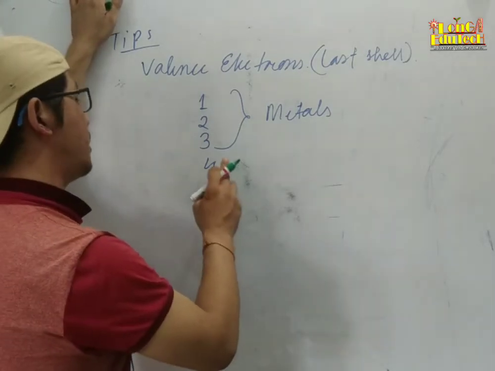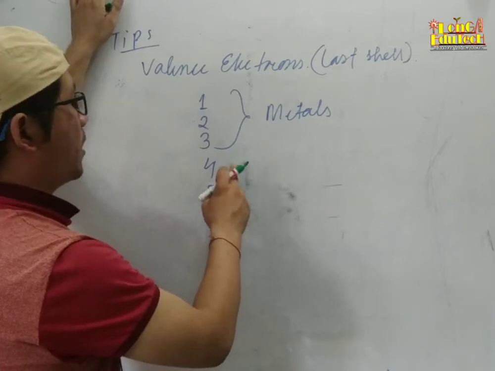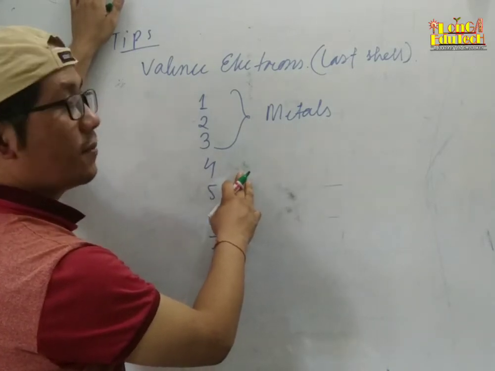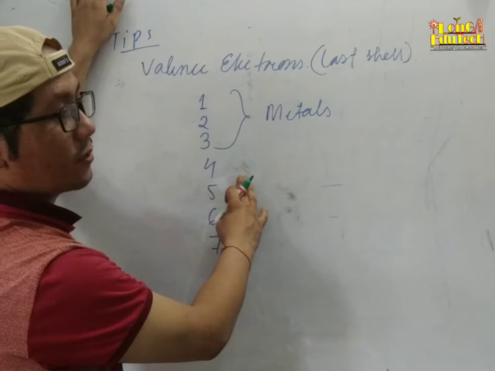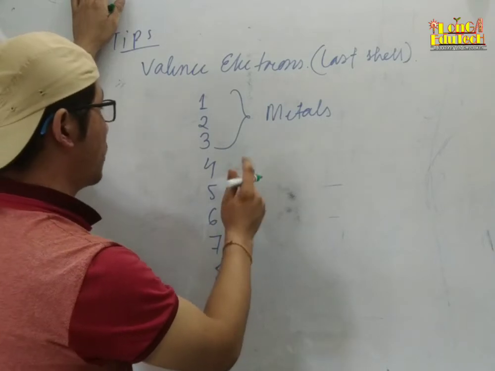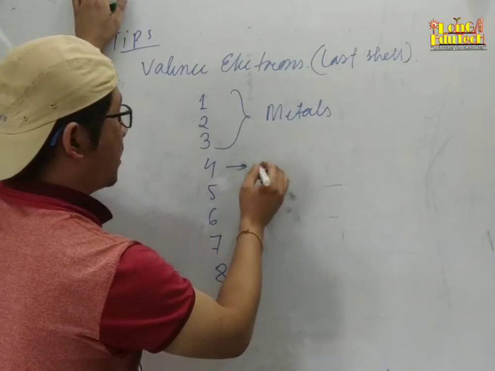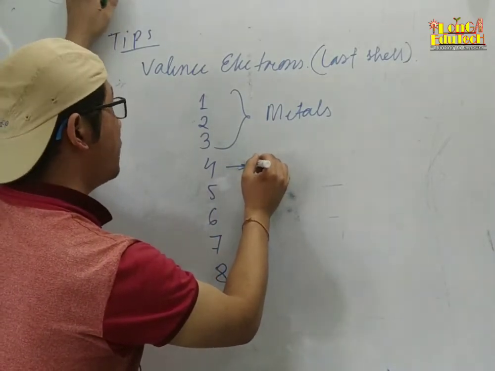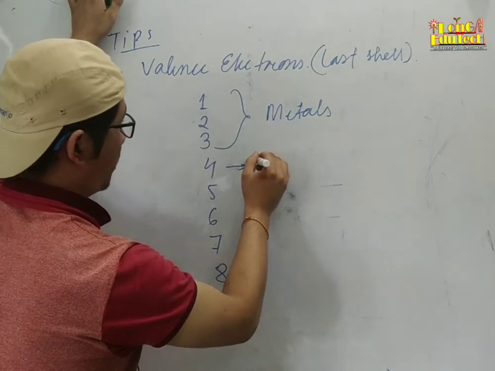And this is the number 4. It is also actually a non-metal, as carbon is a non-metal, as we know. But some other elements are what they call semi-metals, or you say metalloids. So for these 4, they are non-metal also, metalloid also.